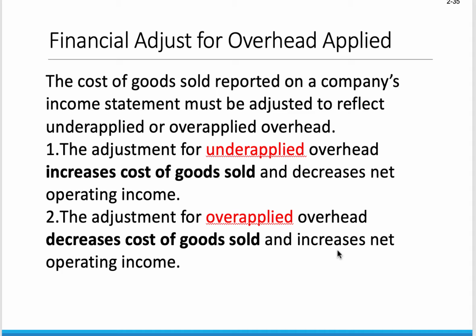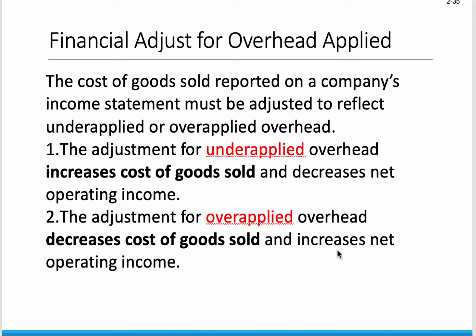So we went from manufacturing versus non-manufacturing, which is our cost classification for manufacturing, and then we looked at it through a different lens, which we learned back in chapter 1 for financial reporting purposes, period and product costs. So we said that our manufacturing costs were either underapplied or overapplied. How do we fix it?